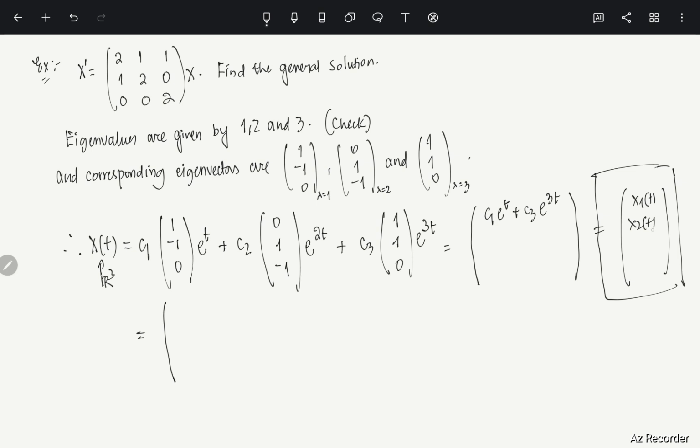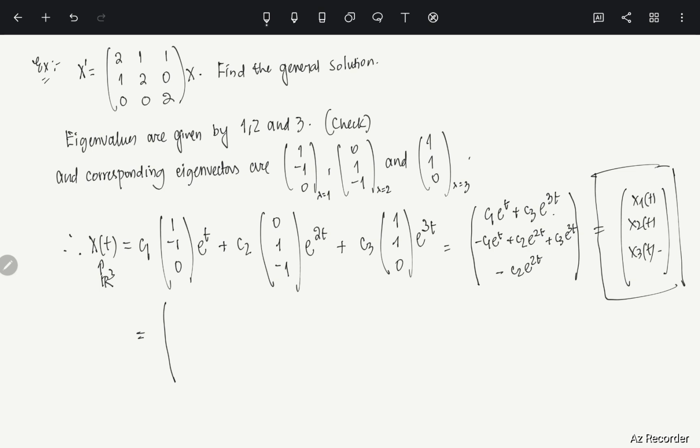So x1(t) is c1 e^t plus c3 e^(3t), x2(t) is minus c1 e^t plus c2 e^(2t) plus c3 e^(3t), and similarly the third expression is minus c2 e^(2t). Yes, that's what we have. So this is the general solution.